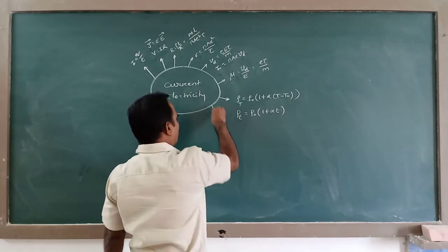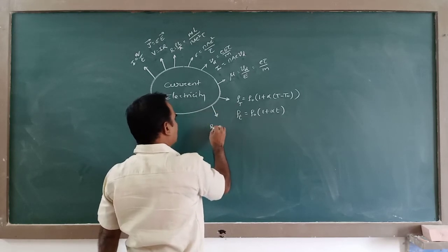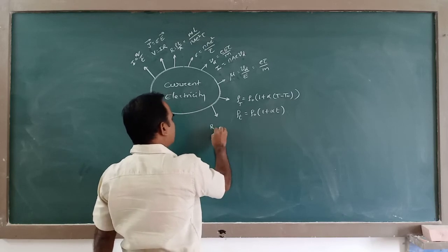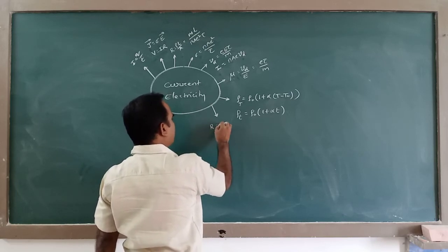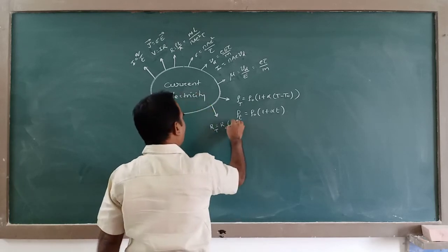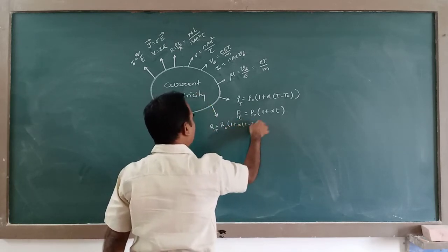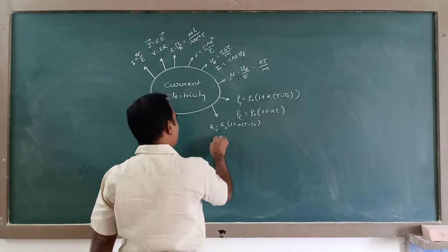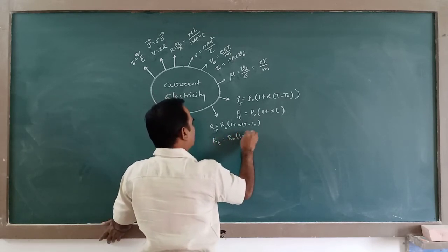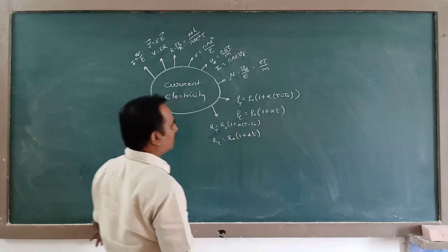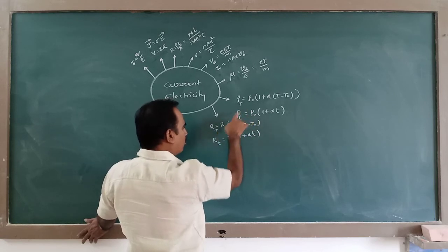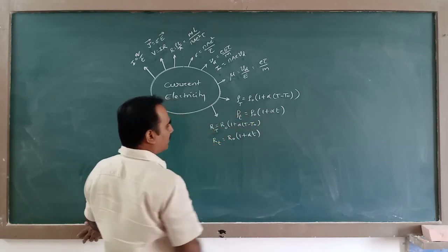Next, from this you have also written the equation for resistance. So resistance at temperature T can be written as R naught into 1 plus alpha into T minus T naught. This can also be written as RT is equal to R naught into 1 plus alpha T. So the resistance and resistivity both vary in the same way with respect to temperature.